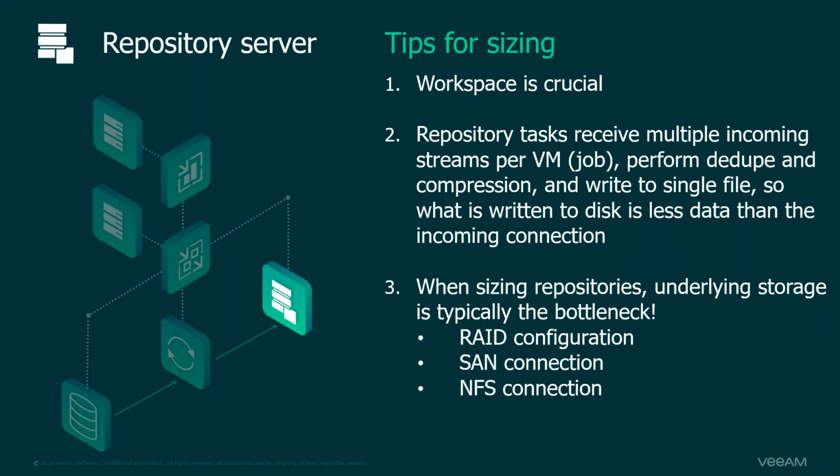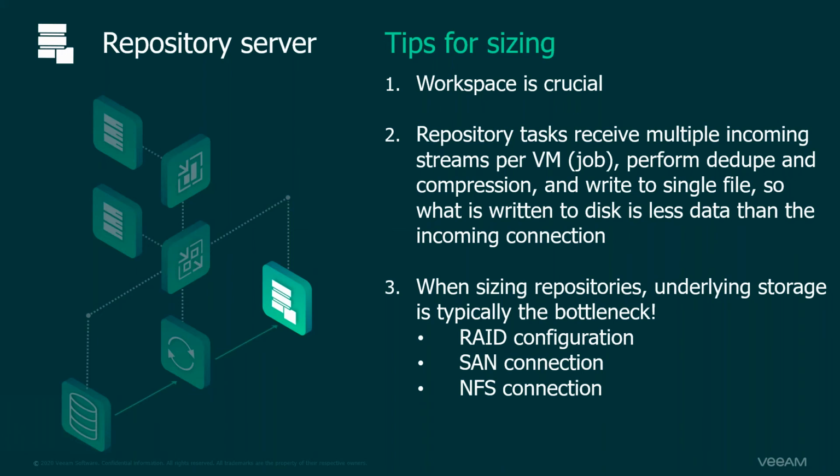And then last, when you're sizing your repositories, don't forget that a lot of times the underlying storage is actually going to be the bottleneck. Right? Keep in mind the RAID type that you're using, maybe RAID 10, maybe RAID 60, RAID 6, RAID 5. It all depends. A 4-disk RAID 10 might be slower than a 48-disk RAID 60.